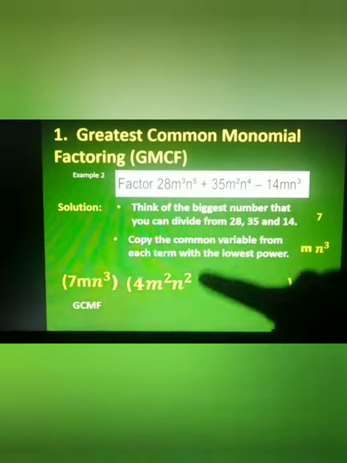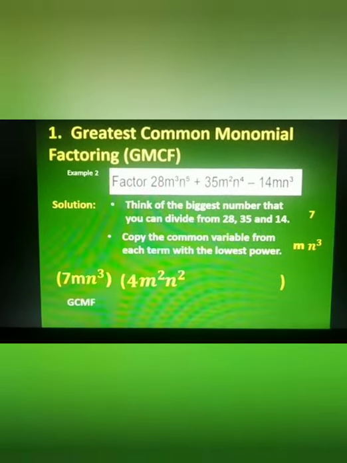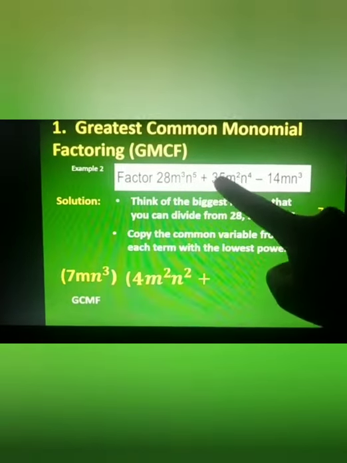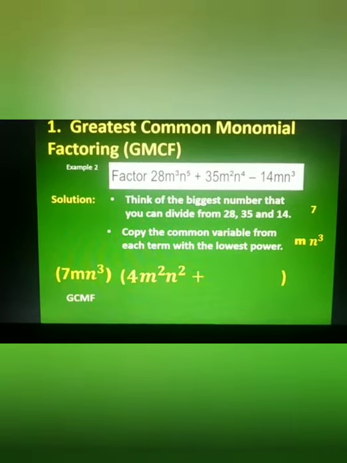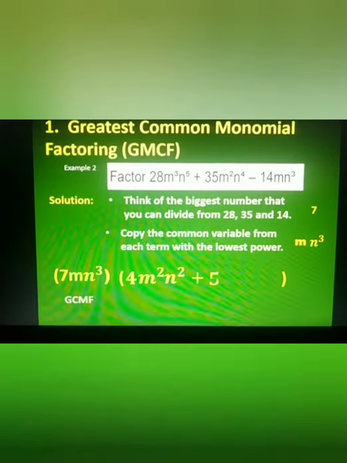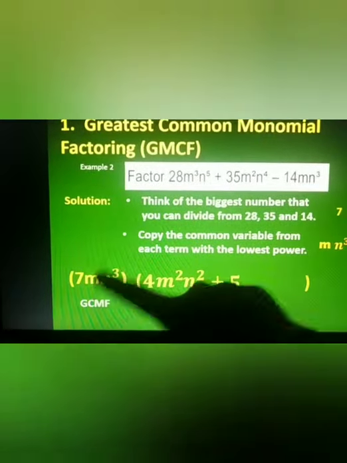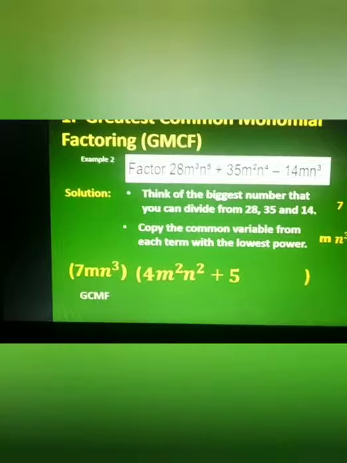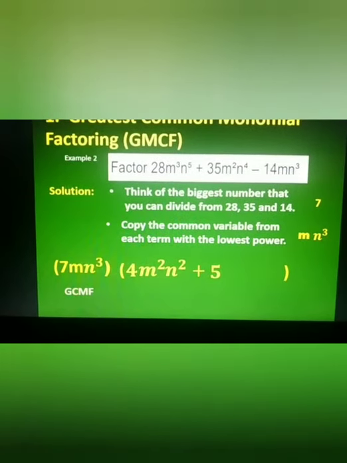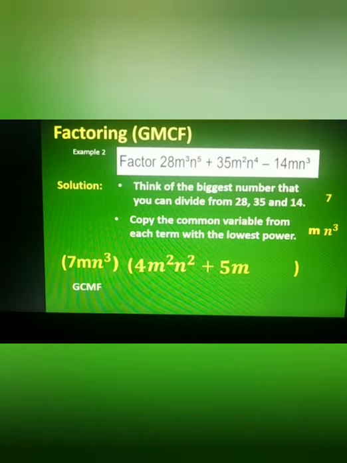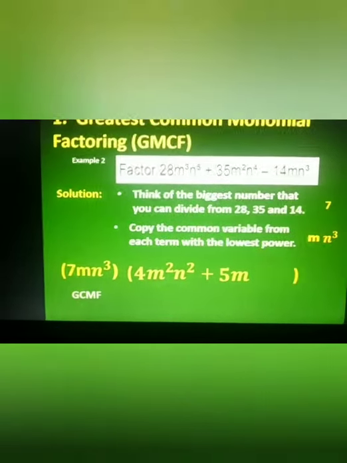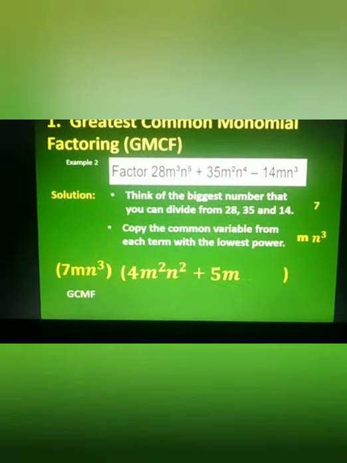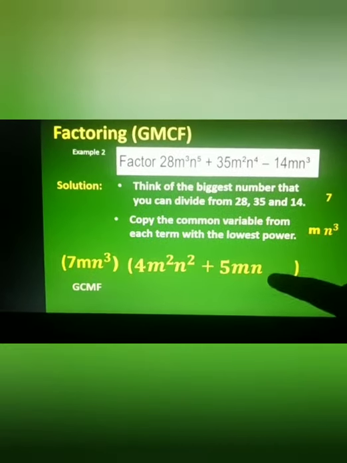There. Copy the plus. Next, divide again. 35 divided by 7 is 5. And for the power of m, m squared and m. Two is the power, one is the power. So, just one is left. 2 minus 1. Just m. And then, n raised to 4 divided by n cubed. 4 and 3, only one is left. Copy the minus.